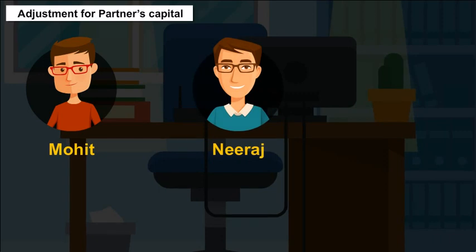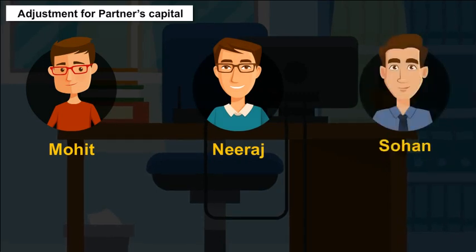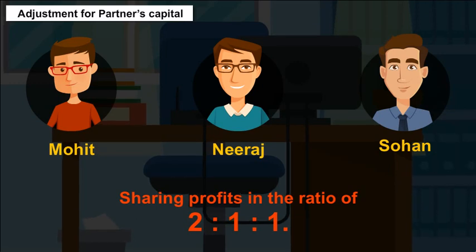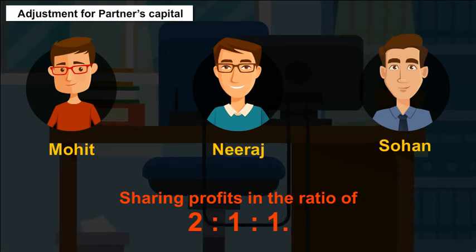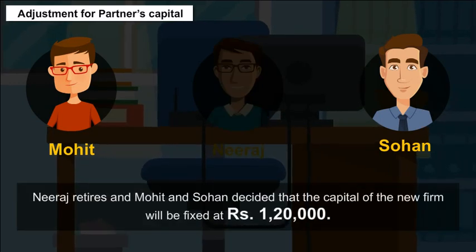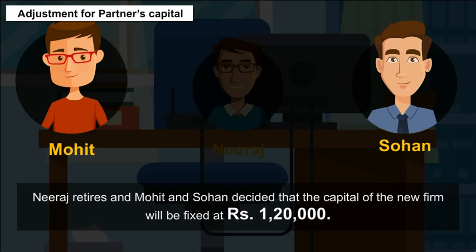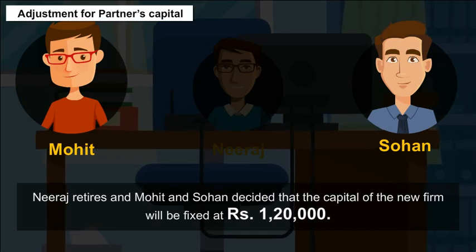Mohit, Neeraj and Sohan are partners in a firm sharing profits in the ratio of 2:1:1. Neeraj retires and Mohit and Sohan decided that the capital of the new firm will be fixed at rupees 1,20,000.